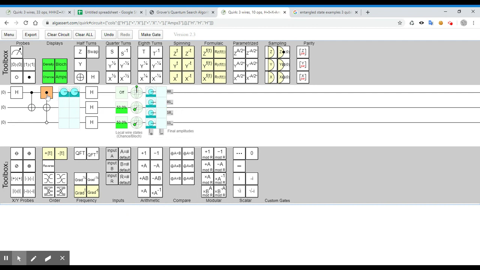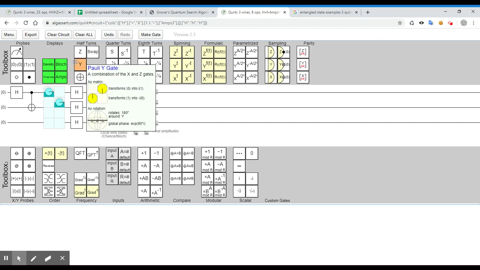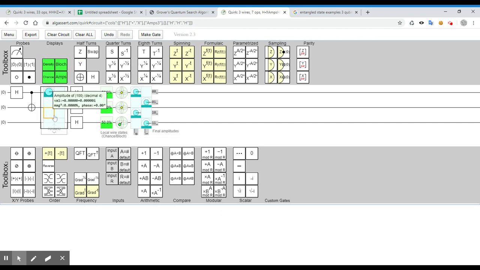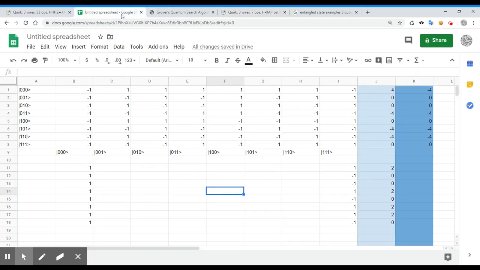Do something like that. That's not what I want. That's not what I want. It seems it's only allowing me to do a power of 2.